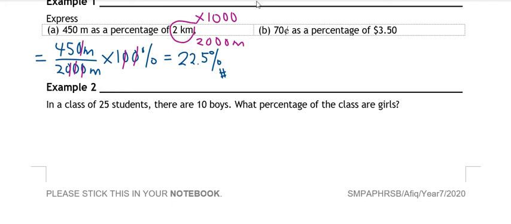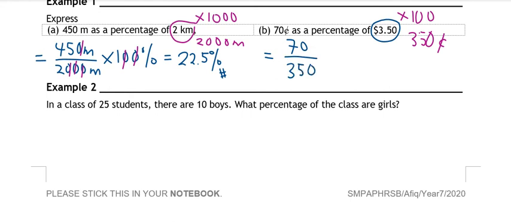Now next is part B, 70 cent as a percentage of $3.50. You know that $1 is 100 cents, so you multiply by 100 to get 350 cents. Then you form the fraction, 70 over 350, and you multiply this by 100%.